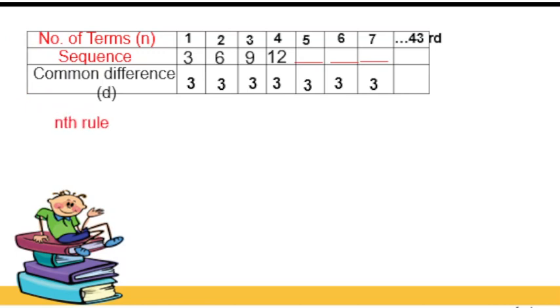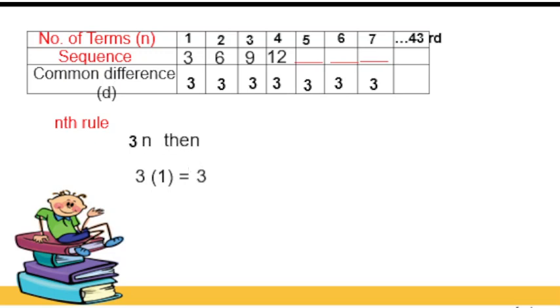To find the nth rule, since the common difference is 3, you have to write 3, and then we have the n. So you already have the 3n. Let's check. If n is 1, then 3 times 1 is equal to 3.